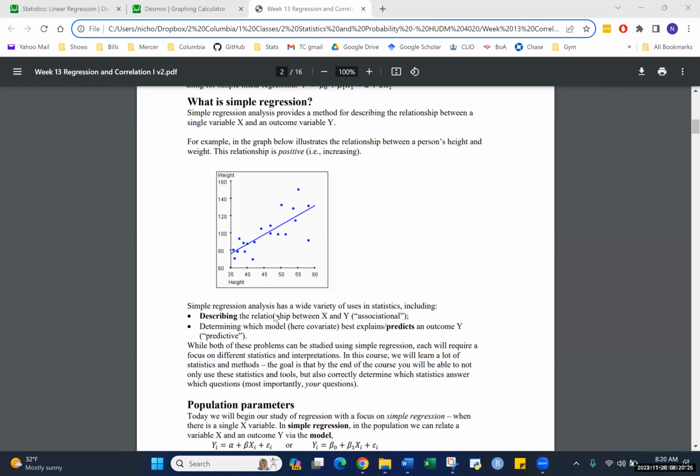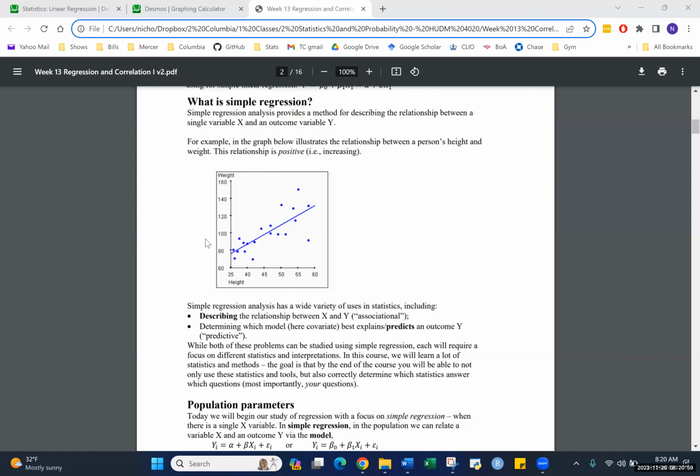And there's really two reasons why we use these regression lines. The first is exactly what I just did. I used it to describe the relationship between X and Y. That is, it's an associational thing. The second reason why we use simple linear regression lines is trying to understand which model or covariate or X best predicts the outcome variable Y. And so this is like a predictive thing because if you take someone's height, you can go to the regression line and get a prediction for their weight.